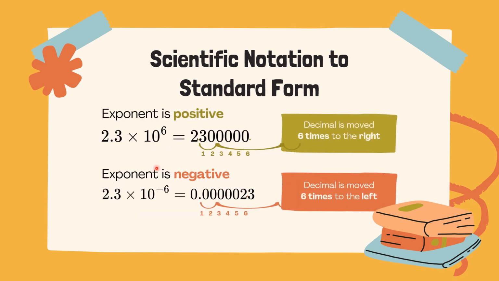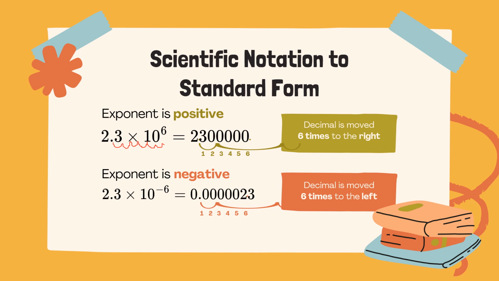Now here comes an important part. This is going to show us how we go from standard form to scientific notation and from scientific notation to standard form. From these two examples, we're going from scientific notation to standard form. You have 2.3 times 10 to the 6th power. All you have to do is take 2.3 and move the decimal 1, 2, 3, 4, 5, 6 times.